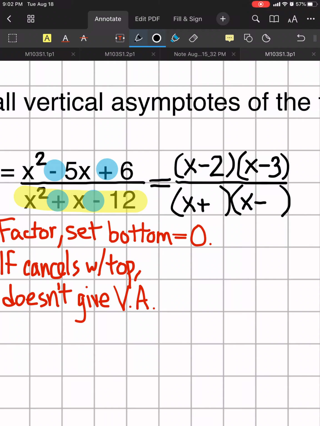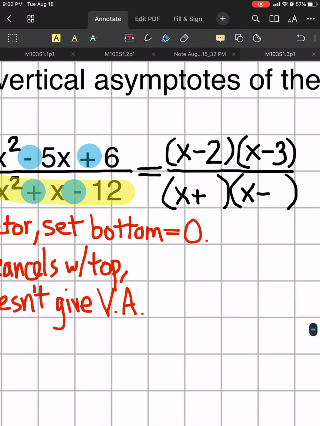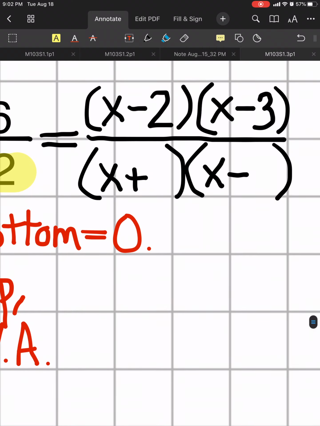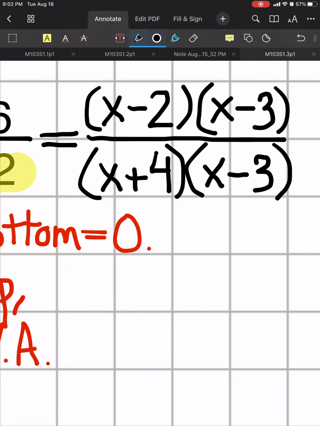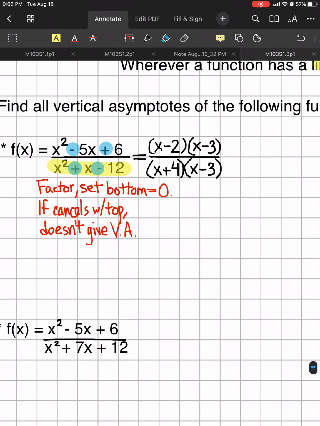There are lots of options: 6 and 2, 1 and 12, 3 and 4. But we want their difference to be 1, so I want 3 and 4 because they're 1 apart. The bigger one is the one that makes their sum positive, so I want a 4 here and a 3 here. And that is the fully factored version of this.